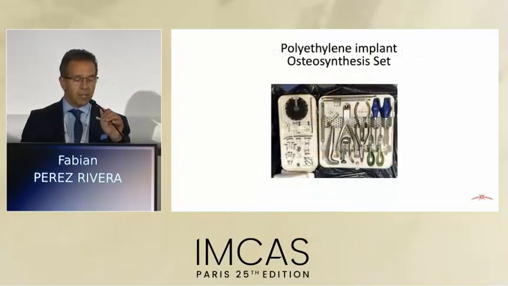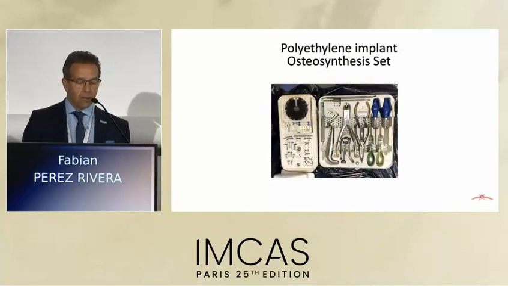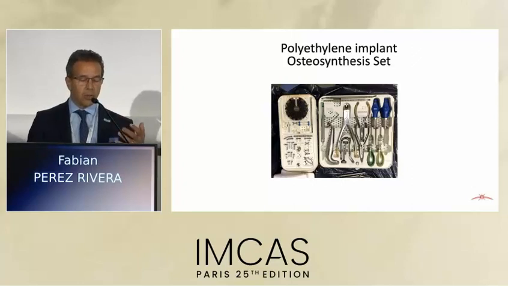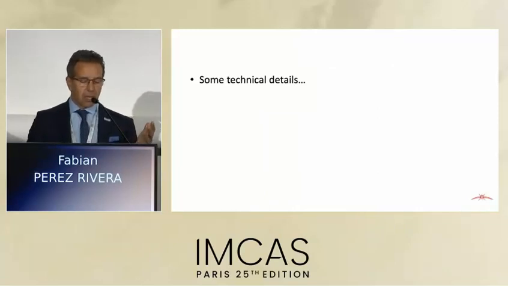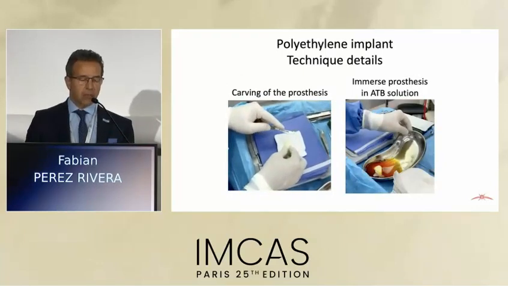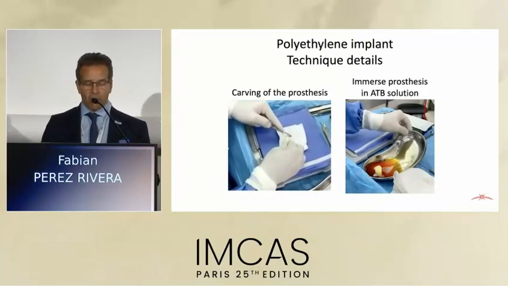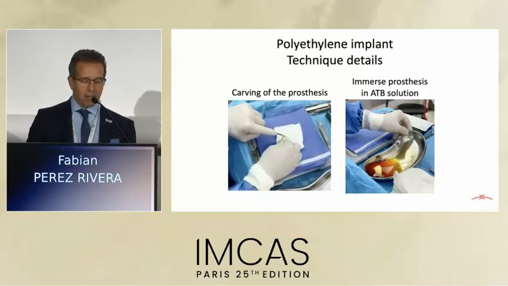And you need to be familiar with this kind of tools if you want to use the polyethylene implant, because you need to add rigid osteosynthesis fixation. Some technical details, for example, you can carve your prosthesis as you want. You can cut it, even if it is a polyethylene implant or a silicone implant.